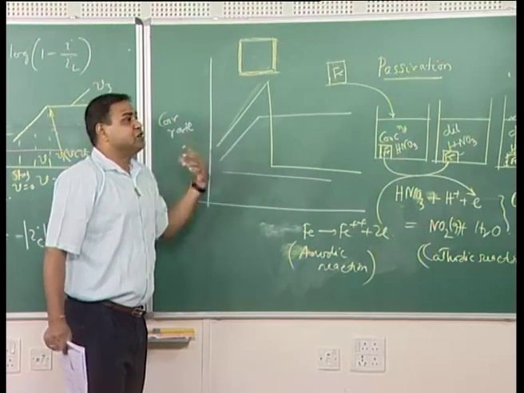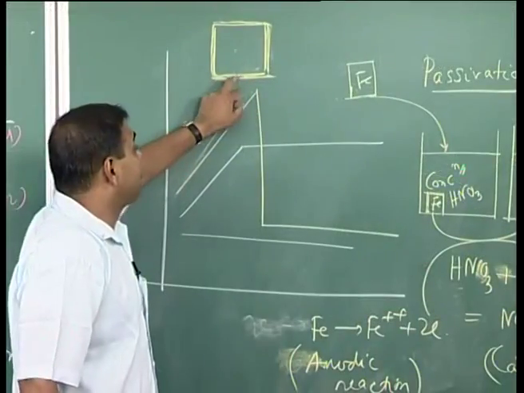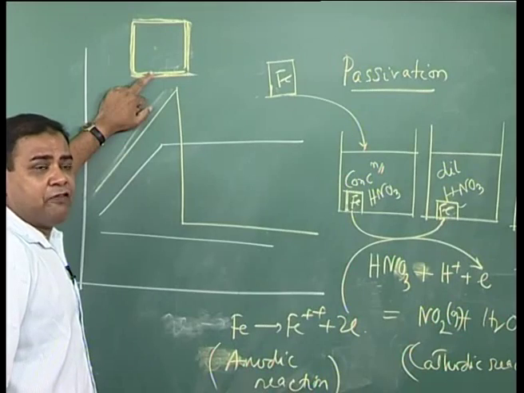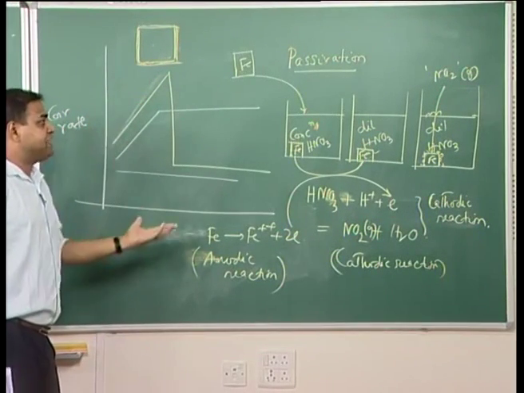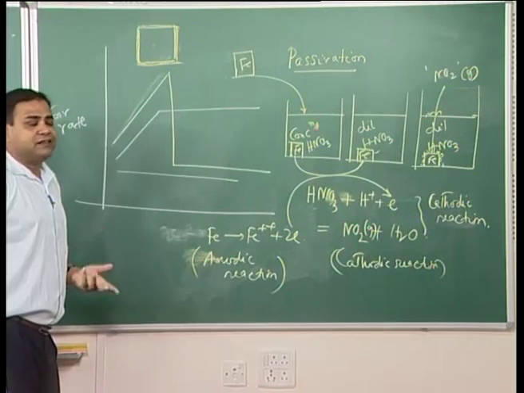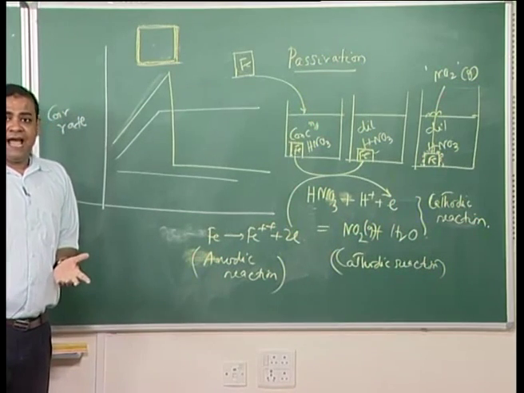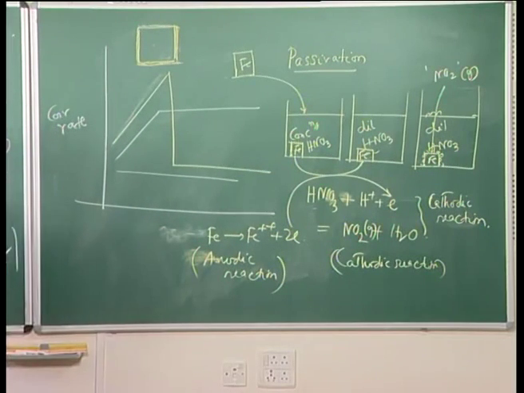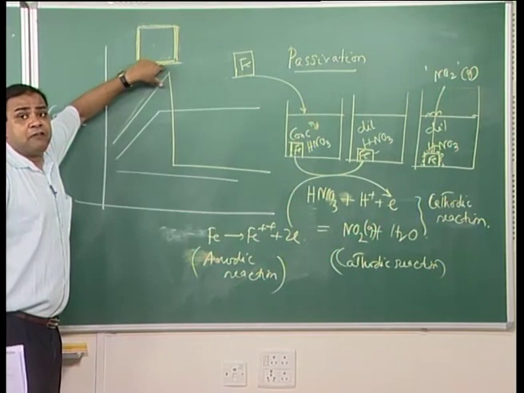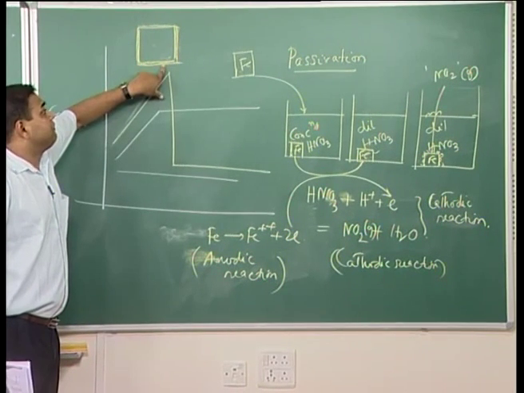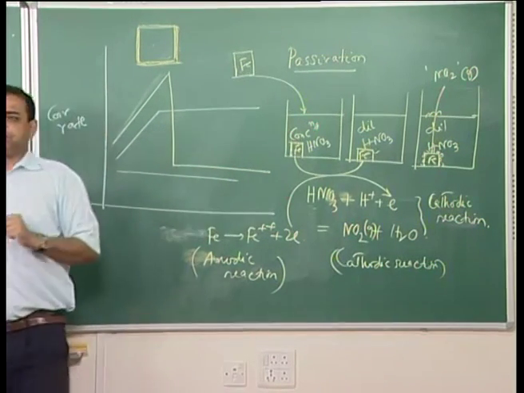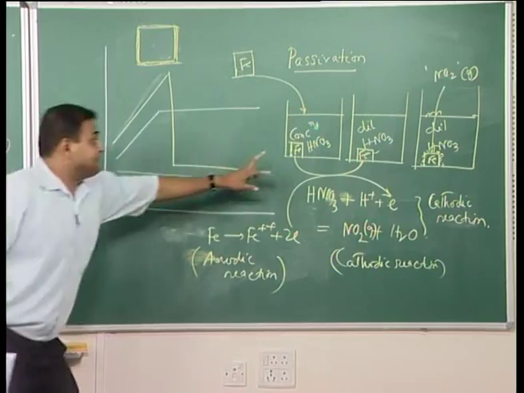So, it is giving sort of protection, and this formation of oxide layer or surface layer which prevents further corrosion is nothing but the passivation, and that too is happening in highly corroding medium. This part is very important. Of course, there would be oxide layer or surface layer formation for prevention of further corrosion, but that should happen in corrosive atmosphere. So, this is passivated iron.